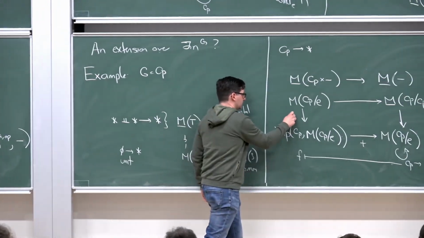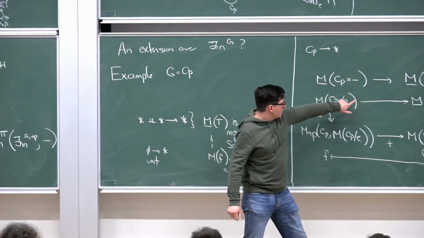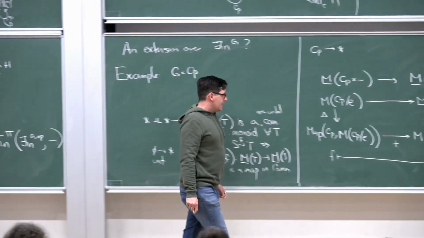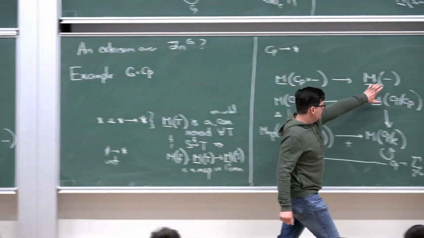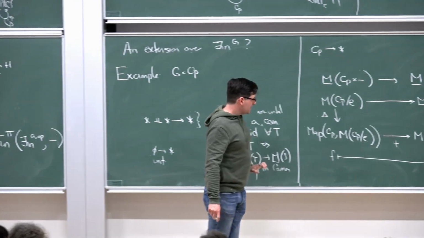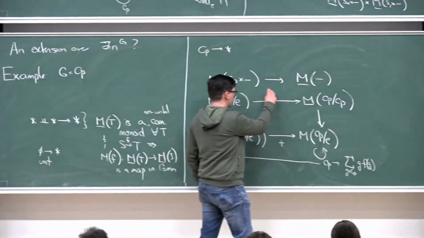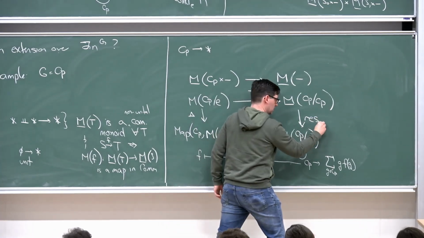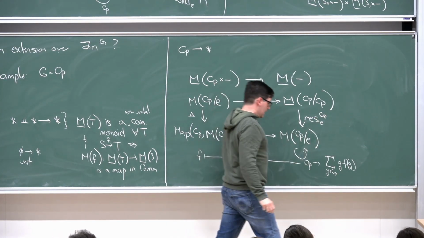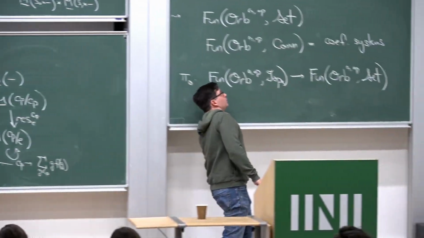This was the diagonal. And so I see that whatever goes here, it's a map from the value at the underlying into the value at CP mod CP that has the composite that if I compose with the restriction, I get the trace.